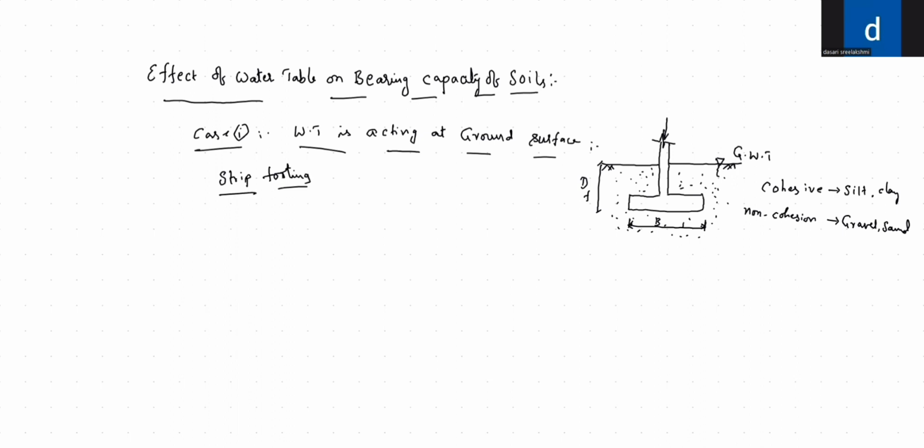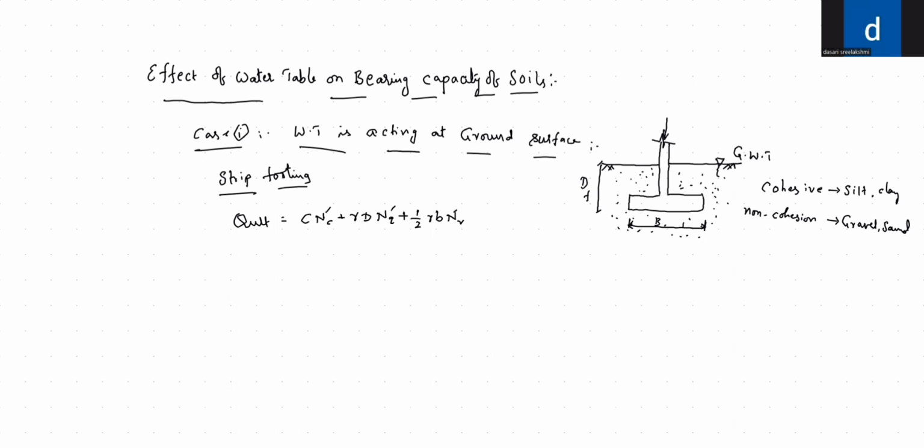The strip footing formula is: ultimate bearing capacity q_u equals c Nc plus gamma D Nq plus half gamma B N gamma. Here Nc, Nq and N gamma are the bearing capacity factors.